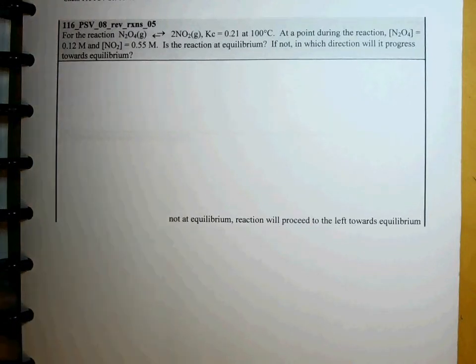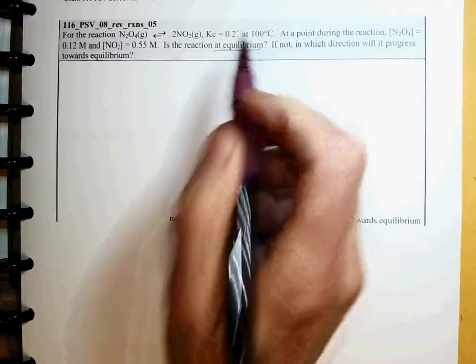Alright, this question is dealing with an introduction to equilibrium. We have a system and we're given concentrations of reactants and products and asked if the reaction is at equilibrium.